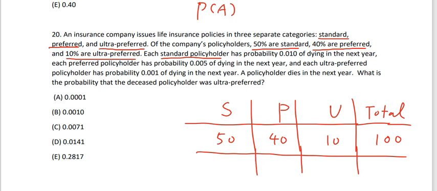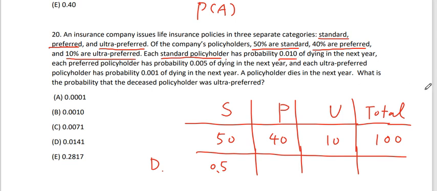Okay, so now let's see. For death, for the first group it is only 1%. So 1% means that here we have 0.5 people who will die, right?